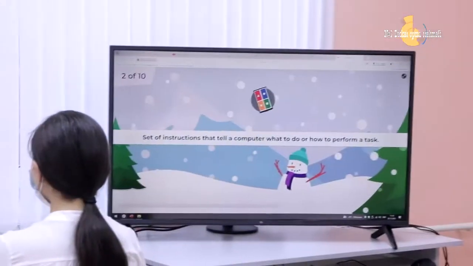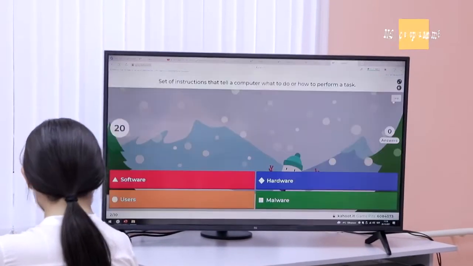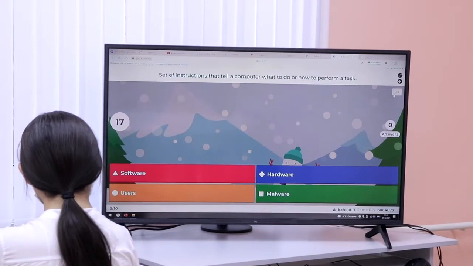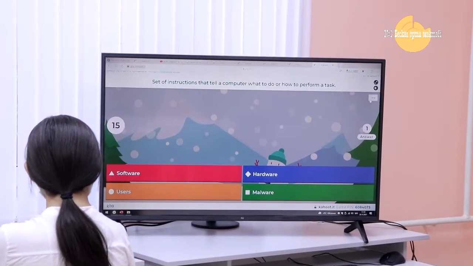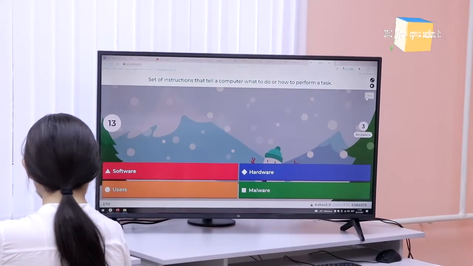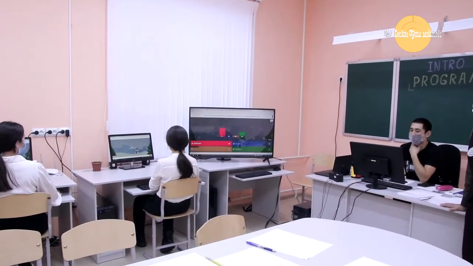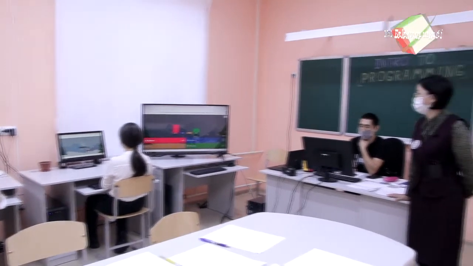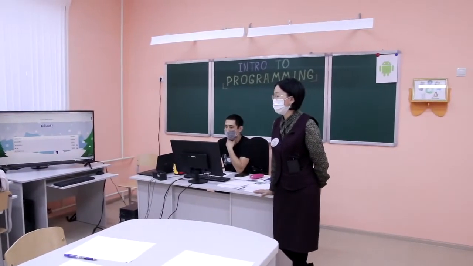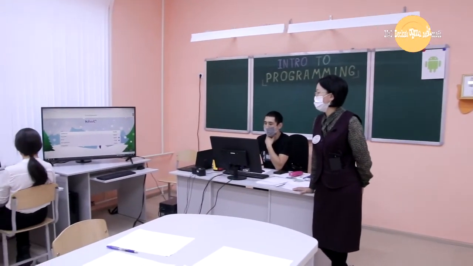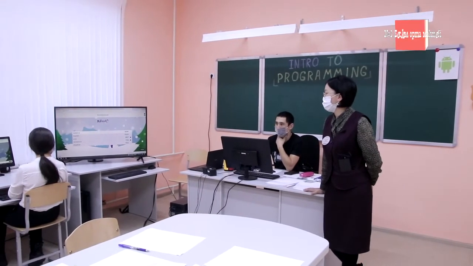Set of instructions that tell a computer what to do or how to perform a task. Aidana, very good. Next question.